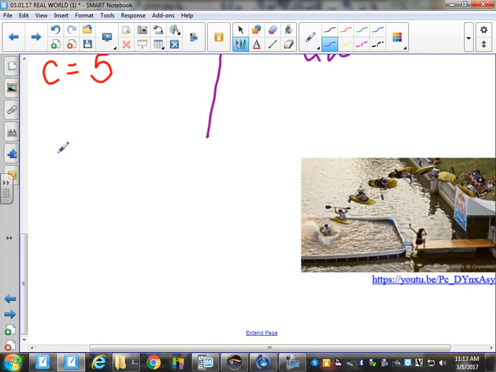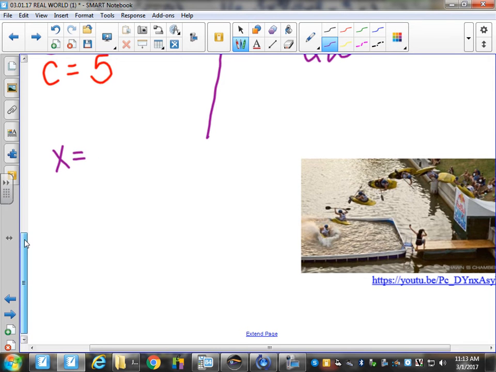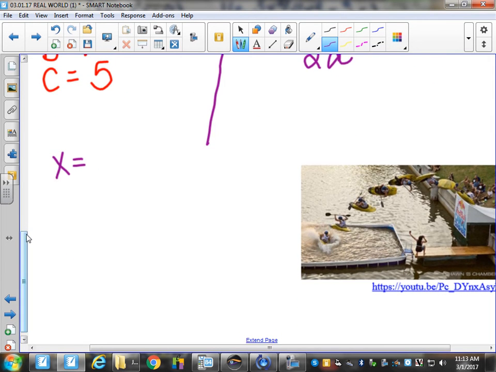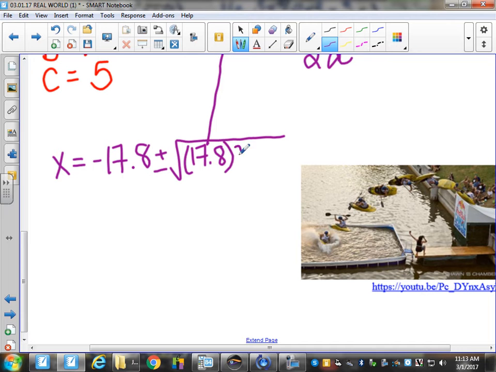What's my next step? I'm going to move down here. x equals. Somebody else, what's my next step? Plug the numbers in. So I'm going to have x equals what? Negative 17.8 plus or minus 17.8 squared minus 4 times.